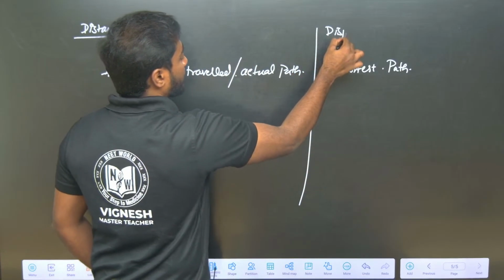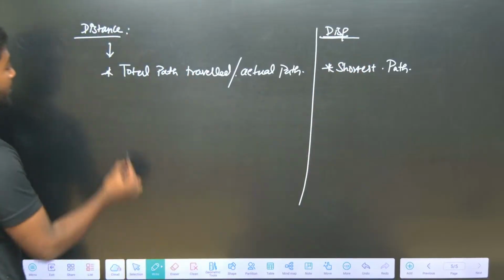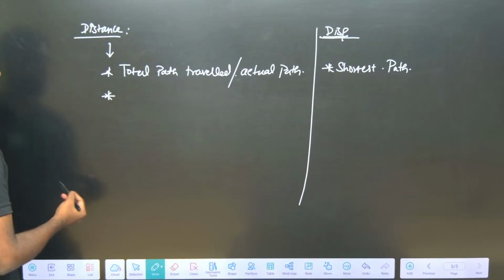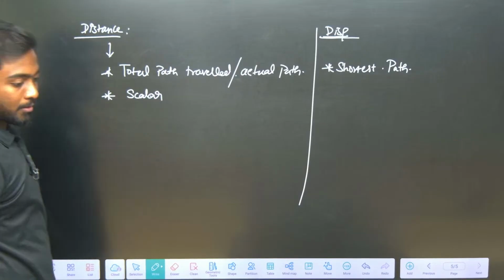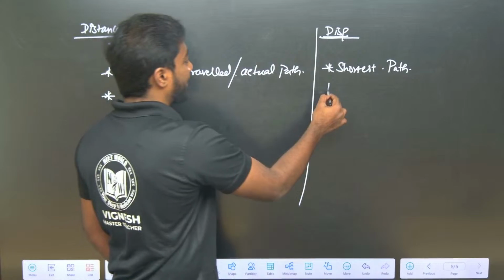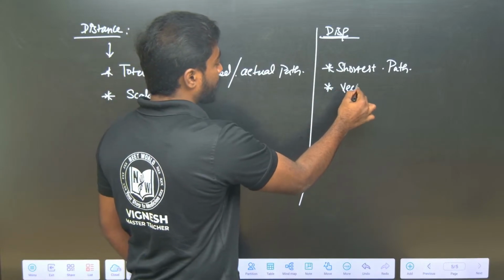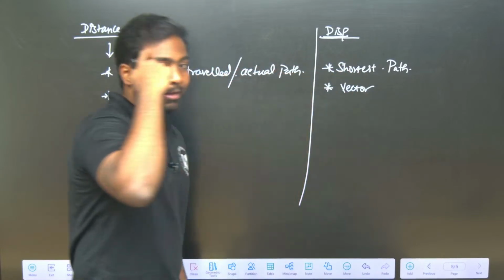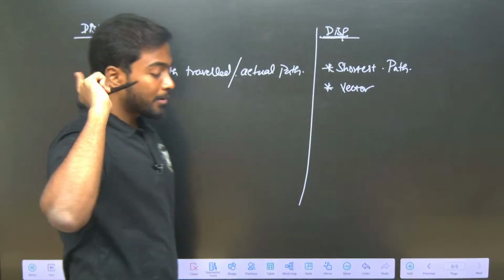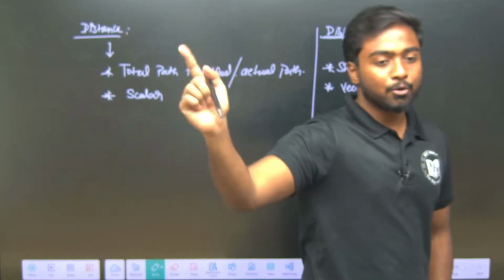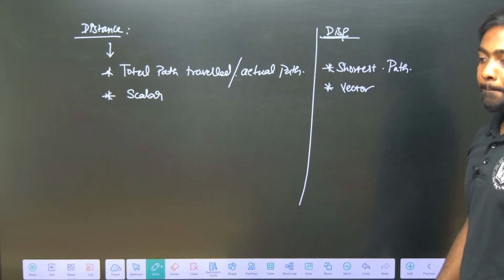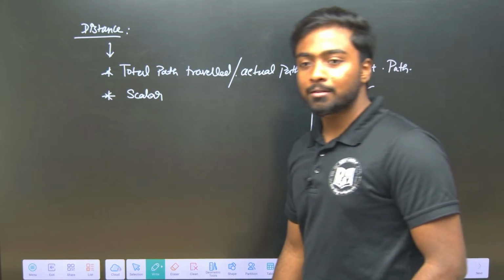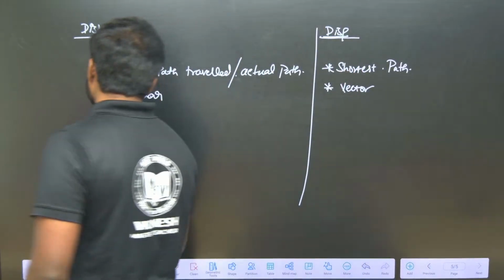Distance is a scalar quantity, whereas displacement is a vector. Why do we say this is a scalar and that a vector? Because distance deals only with magnitude, not direction, whereas displacement deals with both magnitude as well as direction.